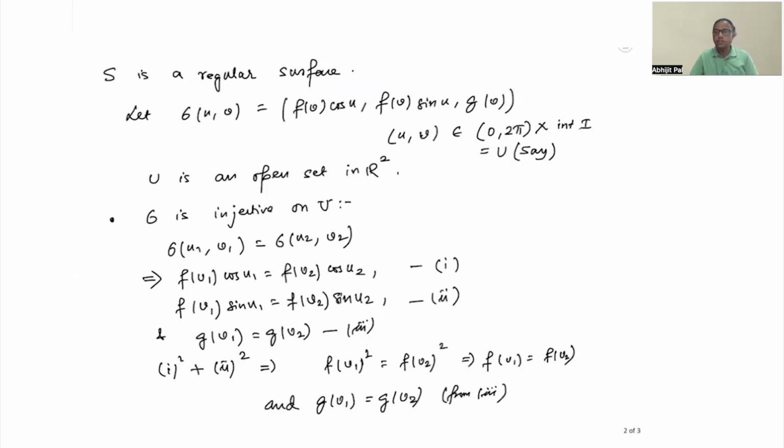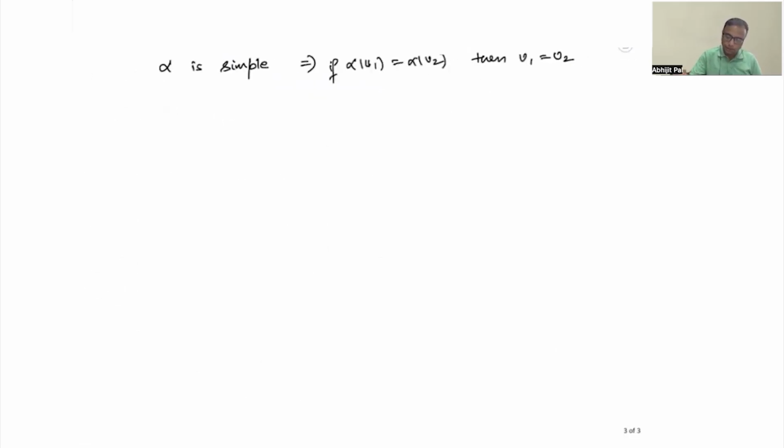Here, because f(v1) is equal to f(v2) and g(v1) equal to g(v2), therefore alpha(v1) is equal to alpha(v2), so that implies that v1 equals v2.